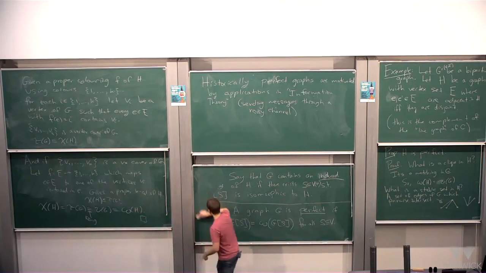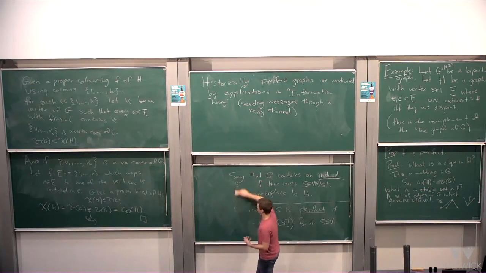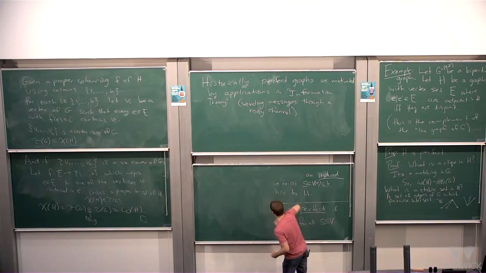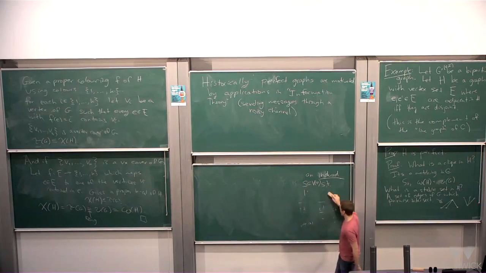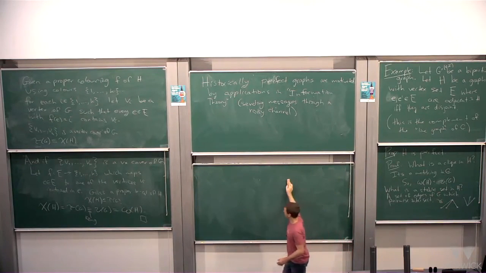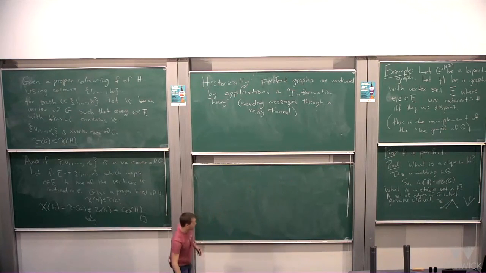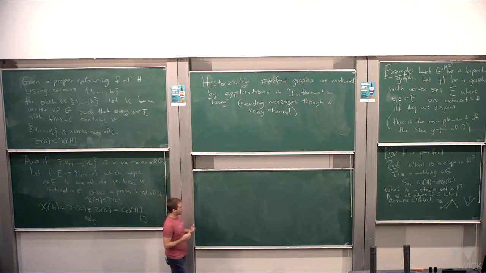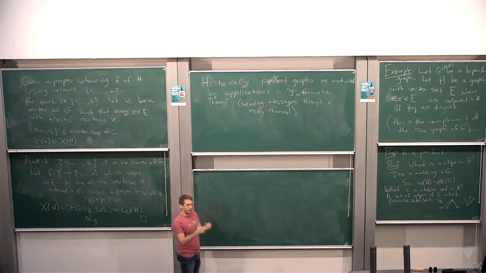Okay, so one thing I haven't addressed: I've given you a definition of perfect graph, but I haven't really addressed what they really are. So what is the structure of perfect graphs? People had some old conjectures which were around for quite a while, and it took people a long time to understand what perfect graphs really are.